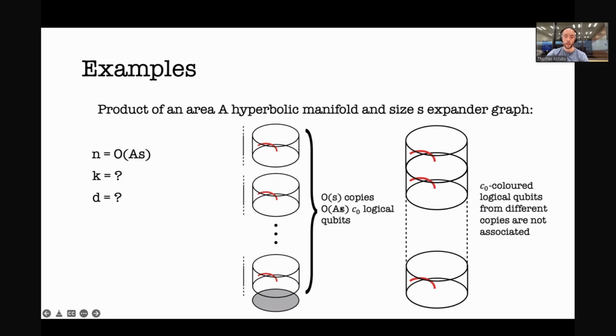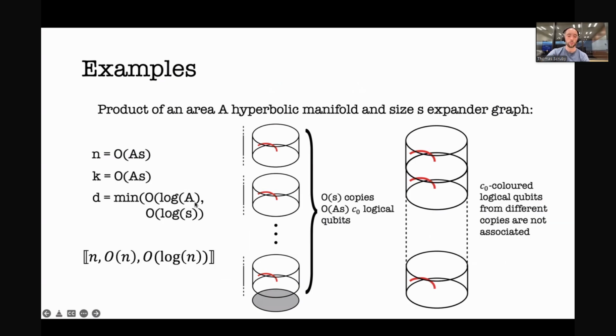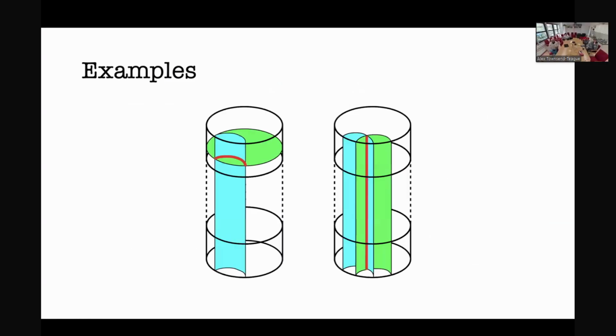So we still have order AS of these. So this is guaranteeing that we have K is order AS, and then the distance is just the minimum of the systole of the manifold and the girth of the graph. And then we just choose A to be the same as S. And then this is going to give you codes with these parameters. So this keeps this log distance, but you now have a linear rate rather than this slightly less than linear rate.